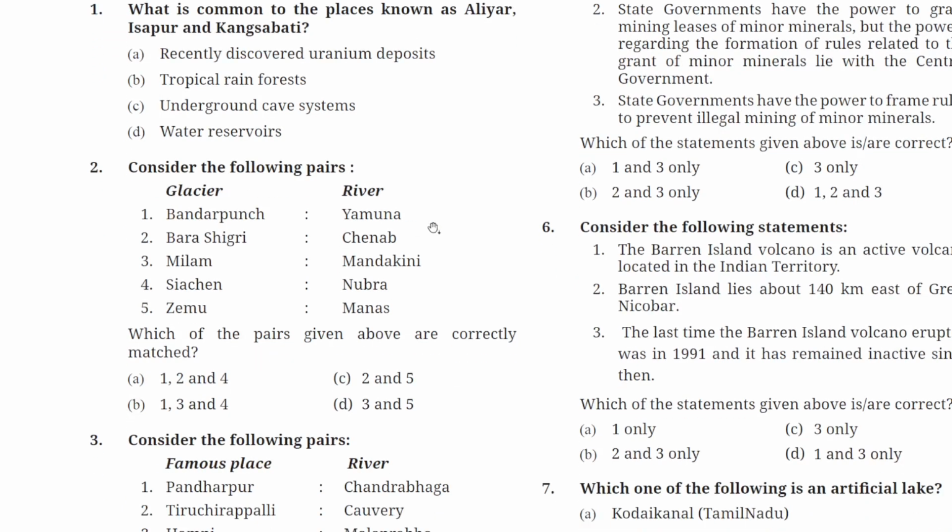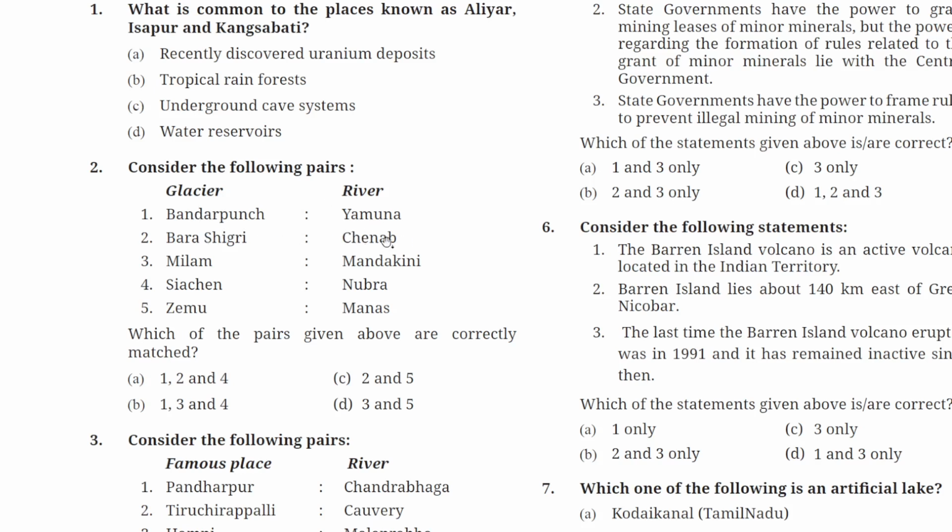Consider the following pairs. Bandarpunch Glacier in the river Yamuna, Bara Shigri Glacier in the river Chenab, Milam, Mandakini, Siachen, Nubra, Zemu, Manas. Let's see one by one. Bandarpunch in Yamuna, yes, it is true.